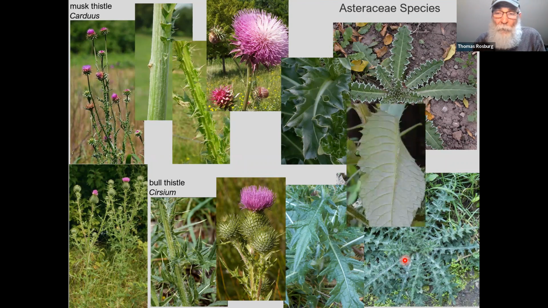Another thing to remind you is that if you find a thistle and you look on the bottom surface of the leaf, which you should always do, and you see the bottom surface of the leaf is very white with dense, short hairs causing that whiteness, then you've got one of four native thistle species.